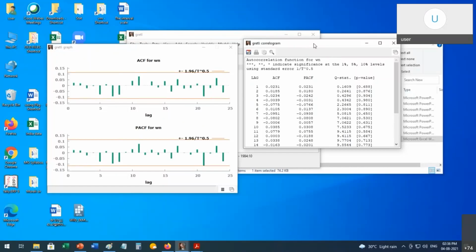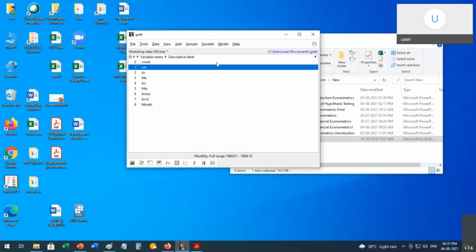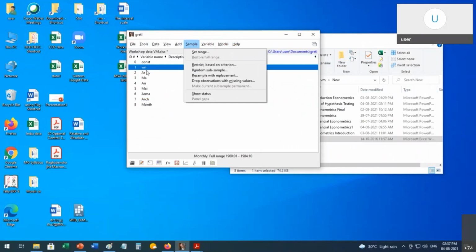Sir, we had the option in the correlogram, use Bartlett's standard error. Sir, what is that? Sir, you again run the correlogram function from variable. Correlogram. Okay, I shall show you again. Go to the variable. First select the variable.